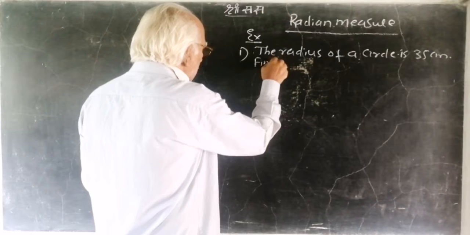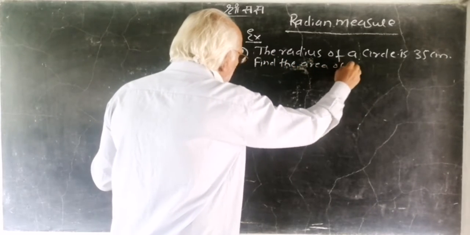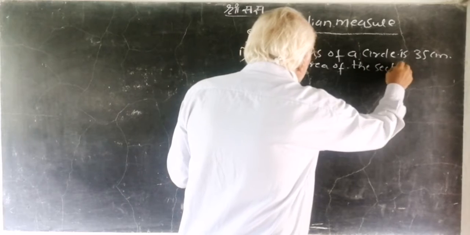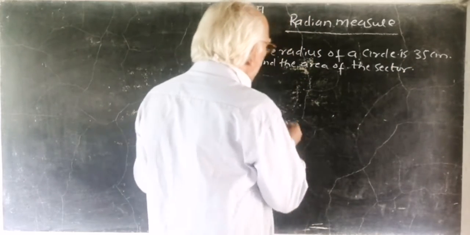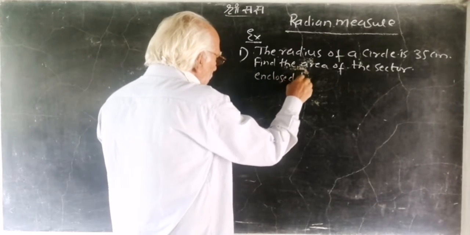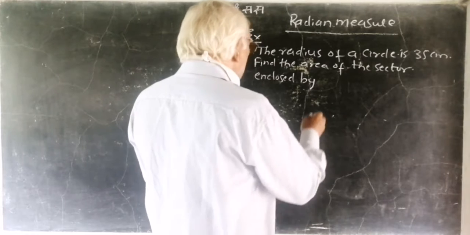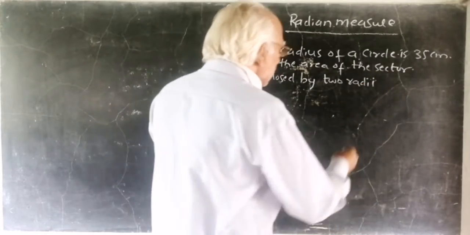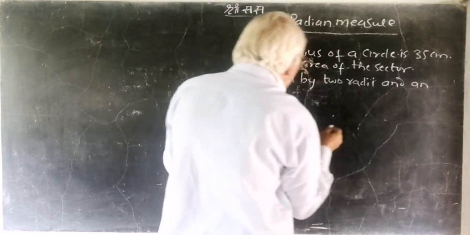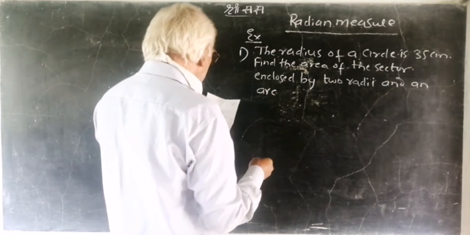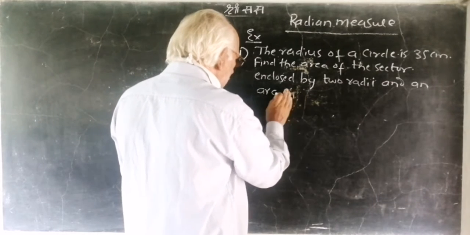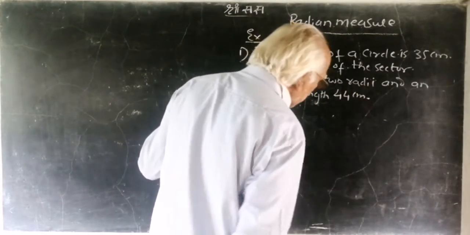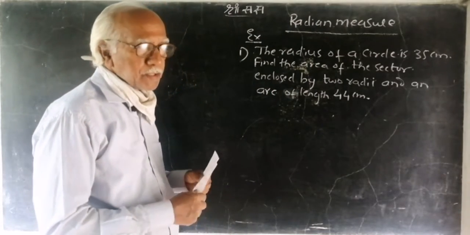Find the area of the sector enclosed by two radii and an arc of length 44 centimeters.